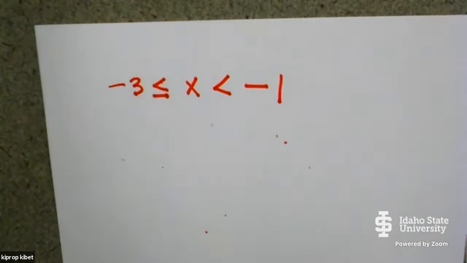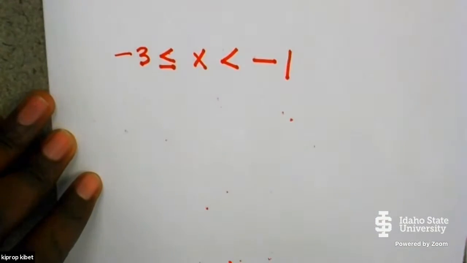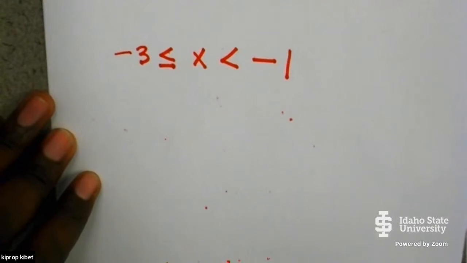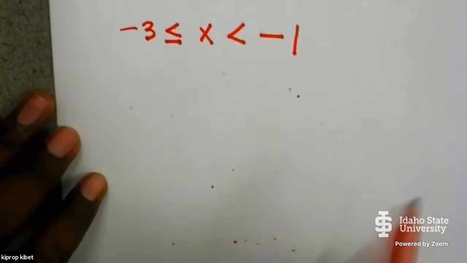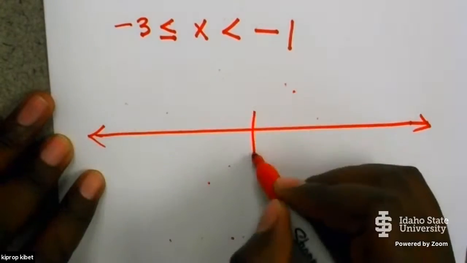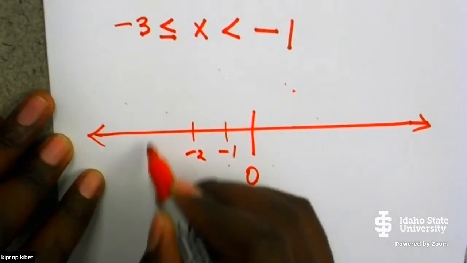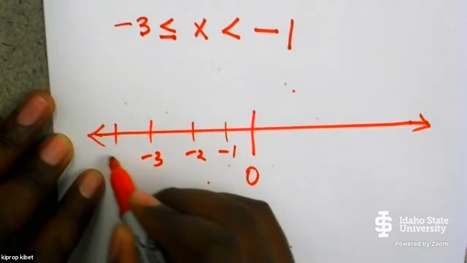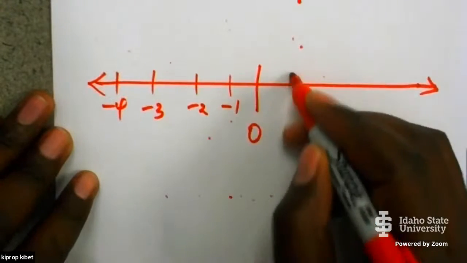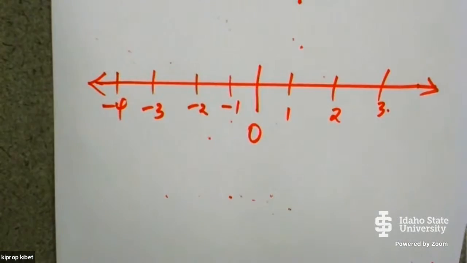Now, how should we represent that? You can read that one as x is greater than or equal to minus 3, or x is less than minus 1. So here, draw that. We have 0 here, 1, 2, 3, 4. So we come here.